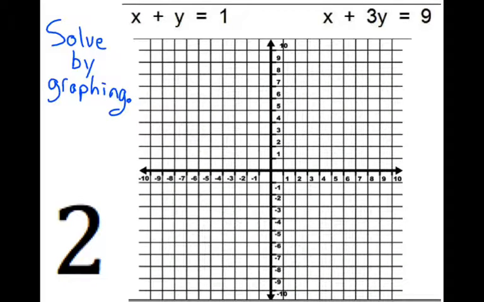Second one, solve by graphing. This one is better to do with x and y intercepts probably. So the x-intercept for that first one is 1. The y-intercept is 1. And then this other equation has an x-intercept that's 9.